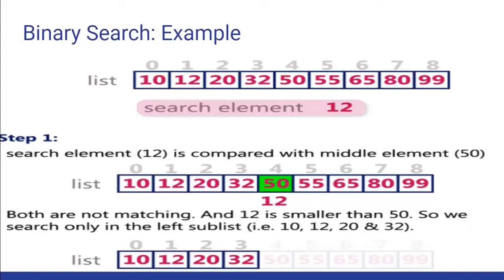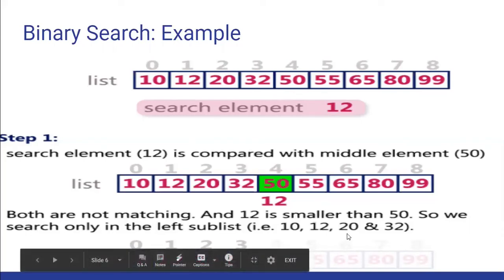If the element is smaller than the middle element, then the search is shifted to the left sublist of the middle element. Whereas if the element is larger than the middle element, then the search is shifted to the right sublist of the middle element, and the process continues until the element is found or it is determined that the element is not present in the list.